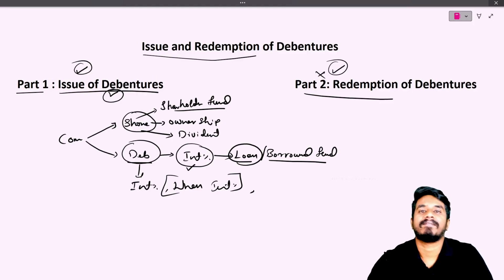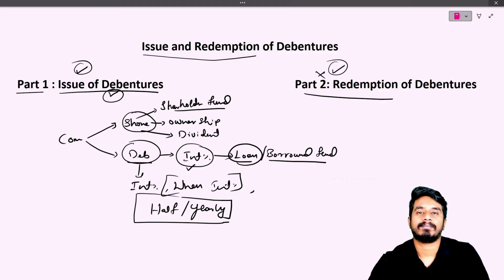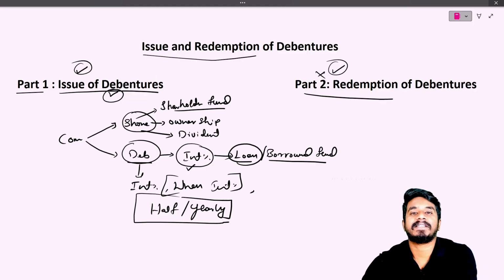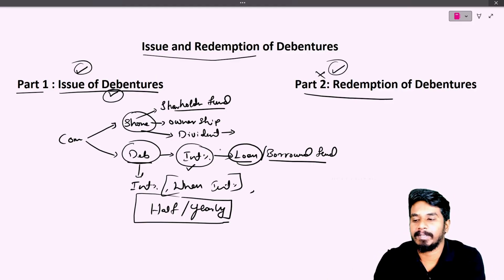Usually the company will pay interest half yearly or yearly, at a fixed rate of interest and at a fixed date. But in shares, we can't expect dividend on a fixed date. Whenever they give, you need to take it. So you understood the difference between shares and debentures.